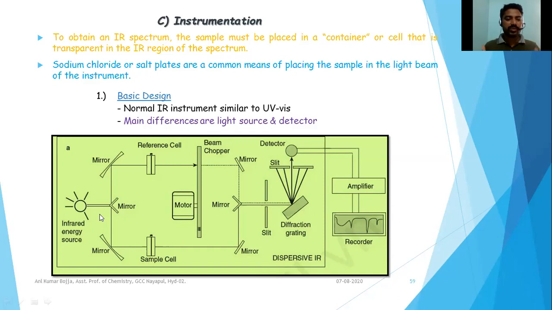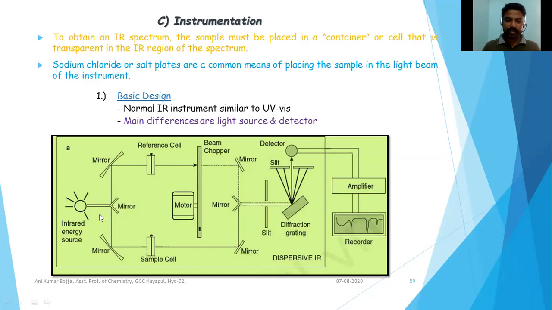The source has to interact with the molecules inside the spectrometer so that the molecule undergoes vibrational changes. Those vibrations are recorded in the detector in the form of bands. So the source that we use in a spectrometer is very important.